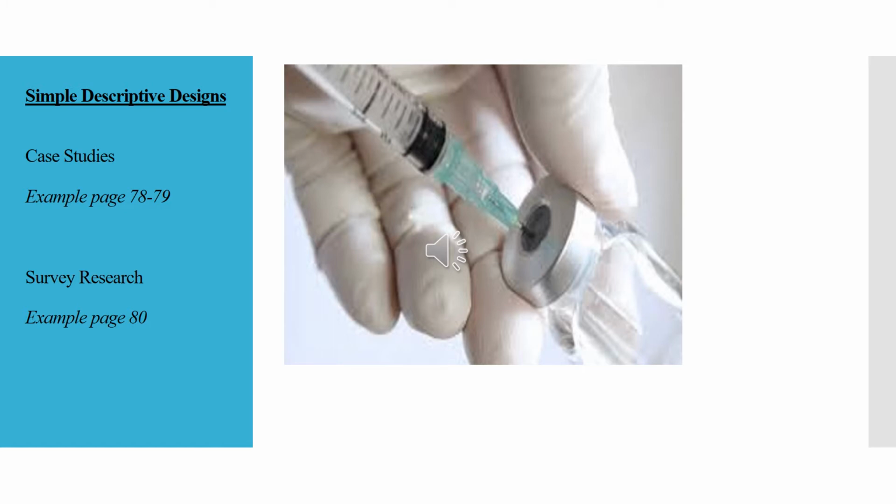Simple descriptive designs are the most basic descriptive design. Researcher focuses on a single group or population, such as the group of adolescents who received vaccines between 2005 and 2007 and experienced syncope. This example can be found on page 80 of our text.